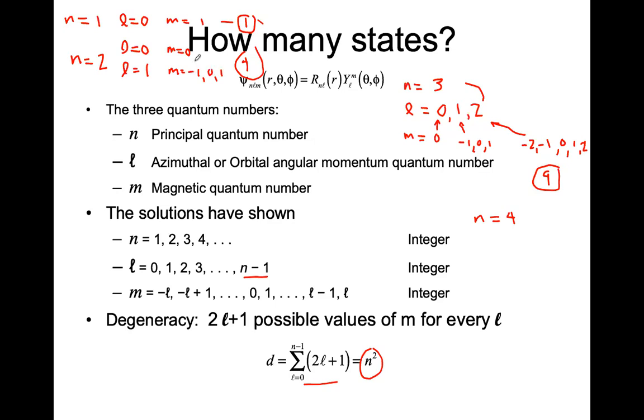We call wave functions that all have the same energy eigenvalue eigenfunctions, eigenstates. We call those degenerate eigenfunctions and eigenstates, okay?